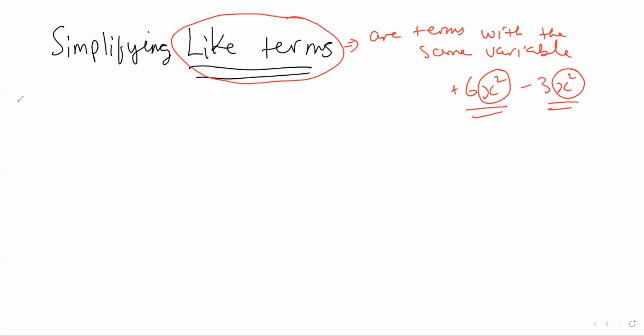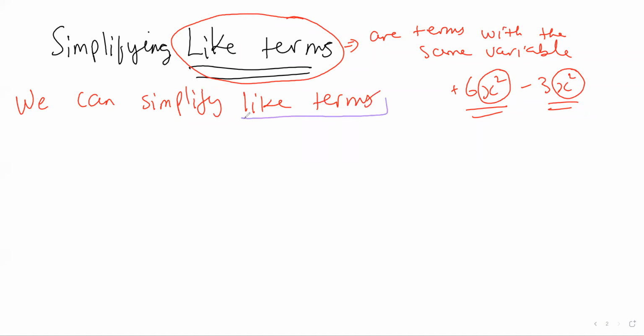So the law is simple. We can simplify like terms. You can only simplify like terms, so I'm going to highlight like terms here. And how can we simplify them? Using the laws of directed numbers.